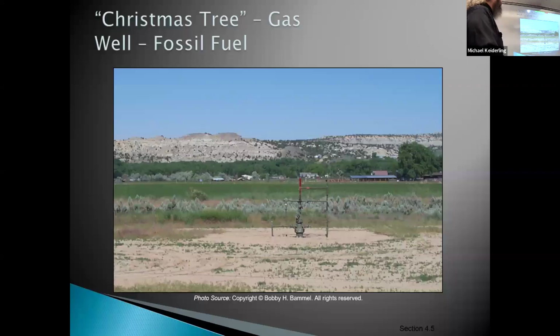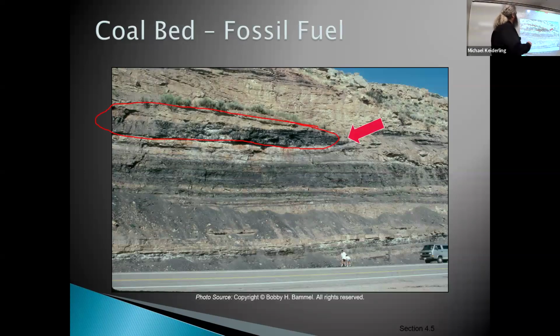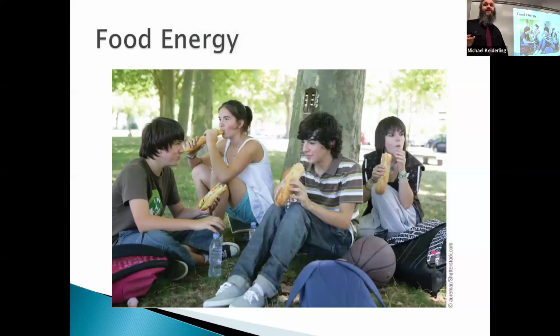And then you send it in a pipe underground somewhere else. This is a coal bed. So this is the fossil fuel coal bed. Pretty much all the coal was put down about 300 million years ago. And here's energy in a renewable form of chemical energy, the food.